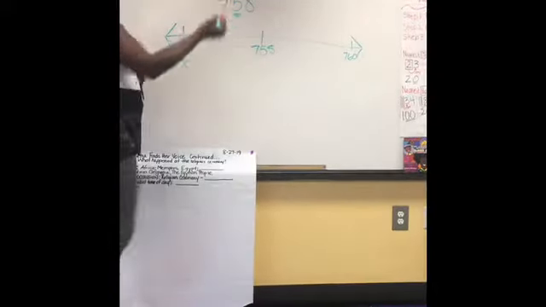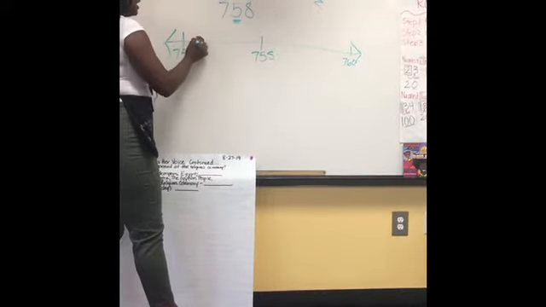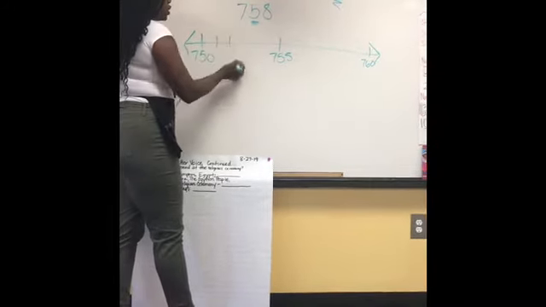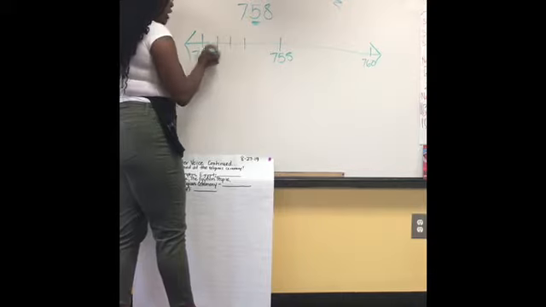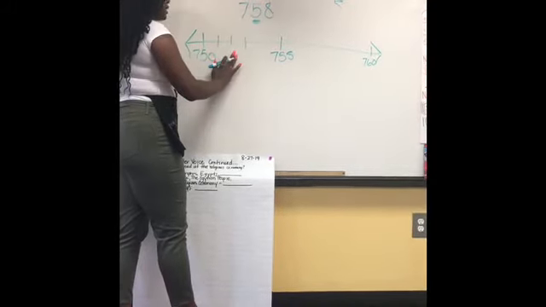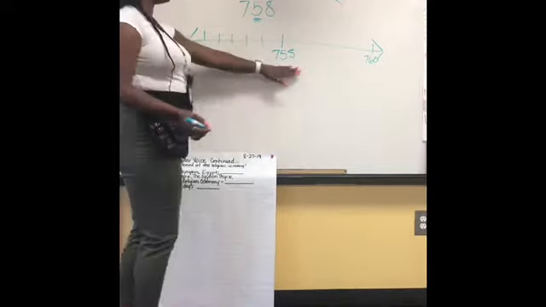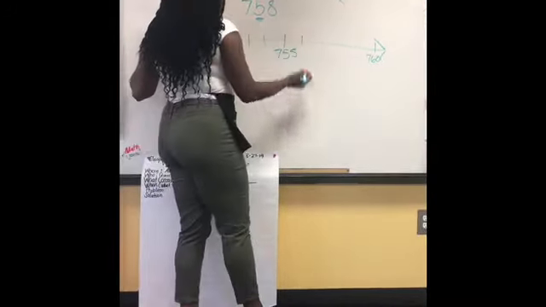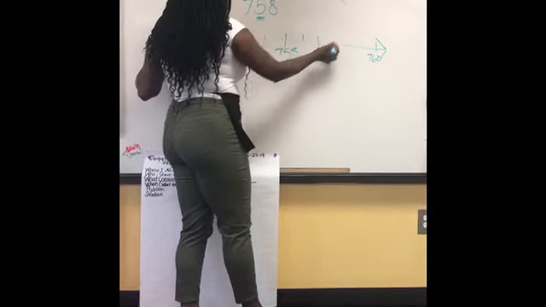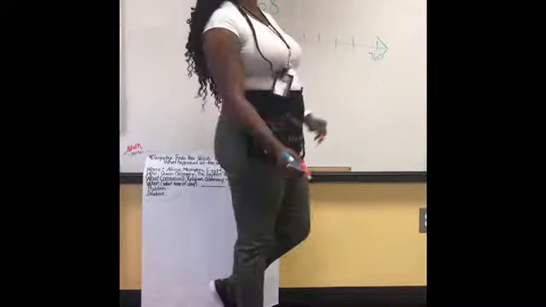Now we just draw some little tick marks in here to fill up our space. So we have 750, 751, 752, 753, 754, 755, 756, 757, 758, 759, 760.